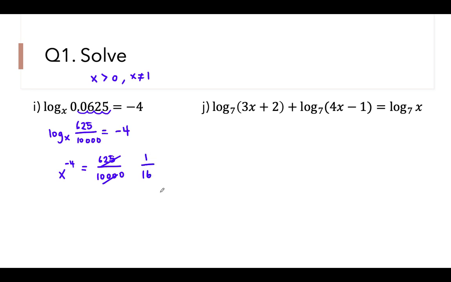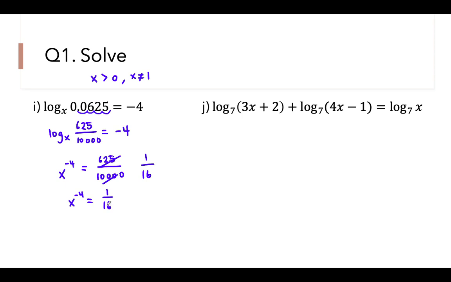Using your calculator, when you do 625 divided by 10,000, you will get 1 over 16. Hopefully your calculator will be able to change that for you. And then we have x to the negative 4 is equal to 1 over 16.